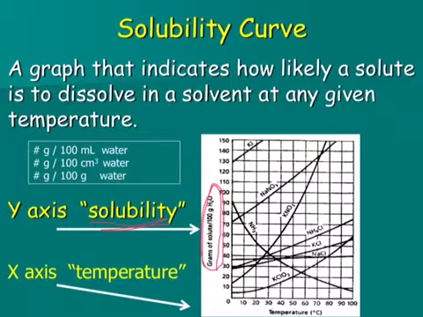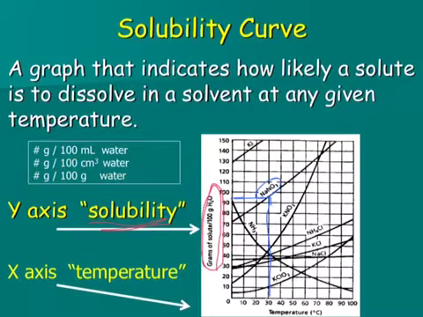The x-axis is temperature in Celsius. We're not doing any gas law problems, so we don't have to convert anything to Kelvin or anything like that. So the way this works, if I wanted to look at sodium nitrate, that's right here. And if I said how much sodium nitrate can dissolve at 30 degrees, you'd start here at 30 degrees and you'd go up until you hit the line and you'd go over and you would say 94 grams.